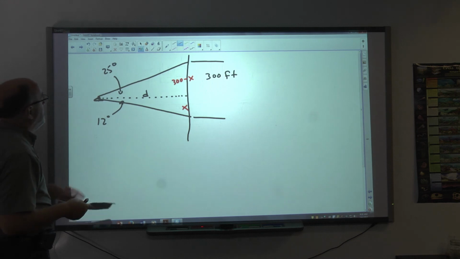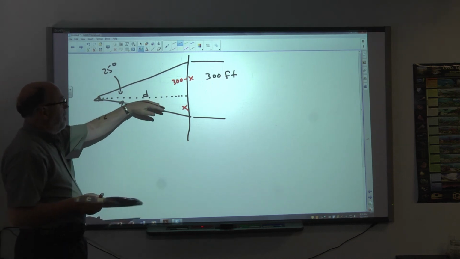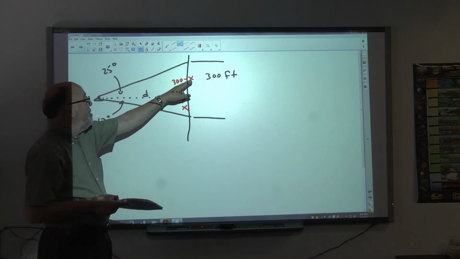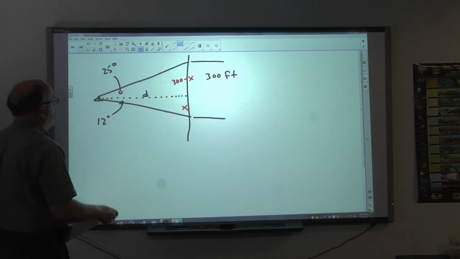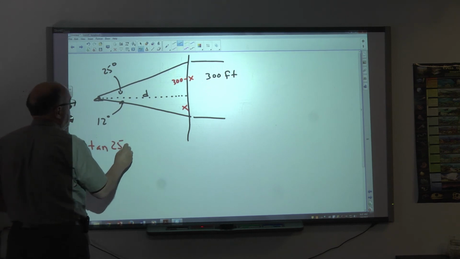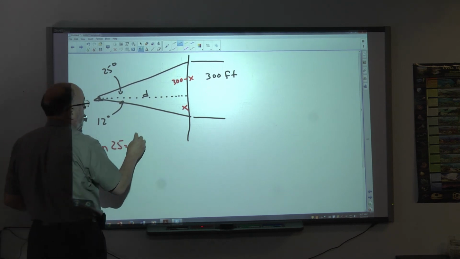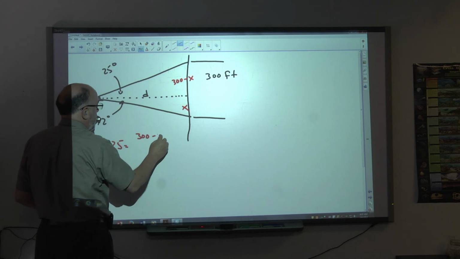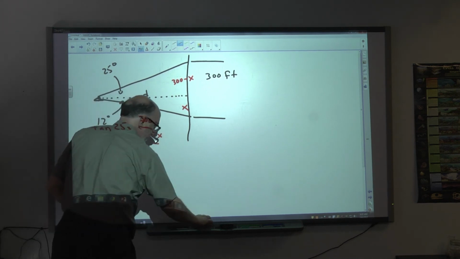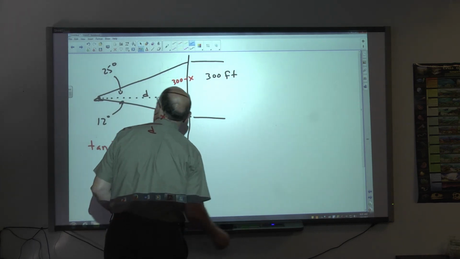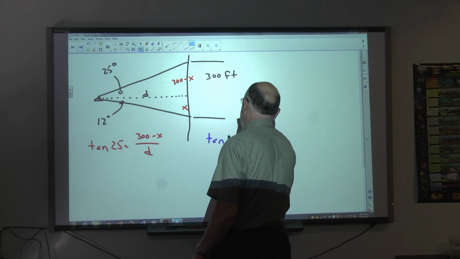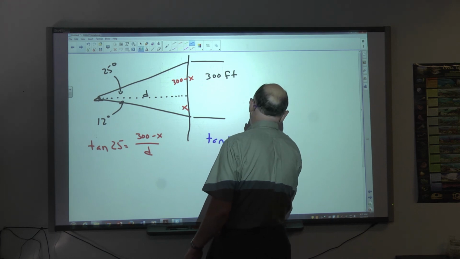And so now, in terms of my D here, we have opposite and adjacent. So we get the tangent of 25 is equal to 300 minus x over D. And if I look at the bottom triangle, we get the tangent of 12 is equal to x over D.